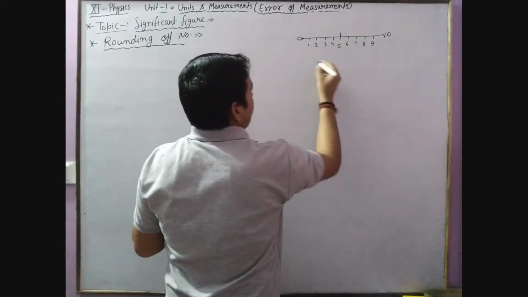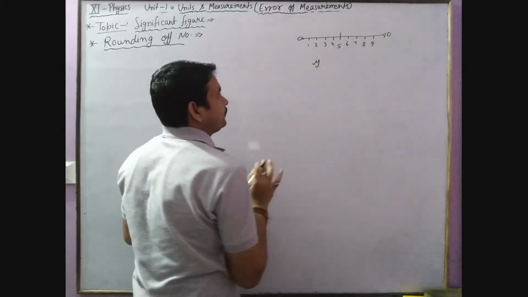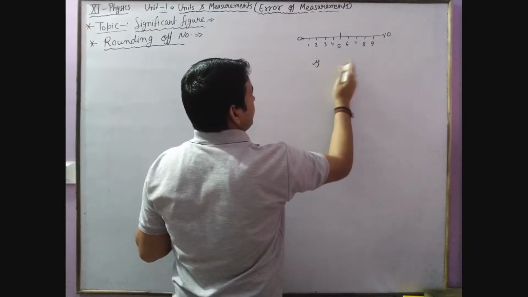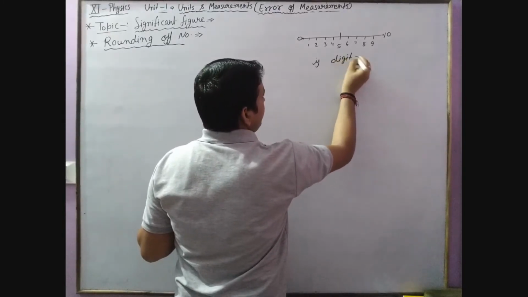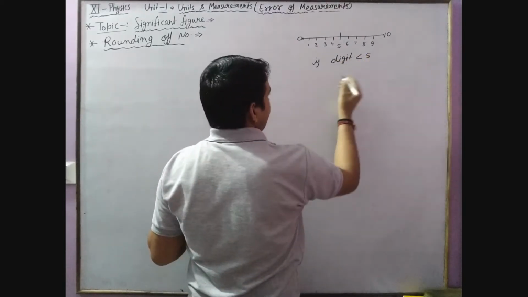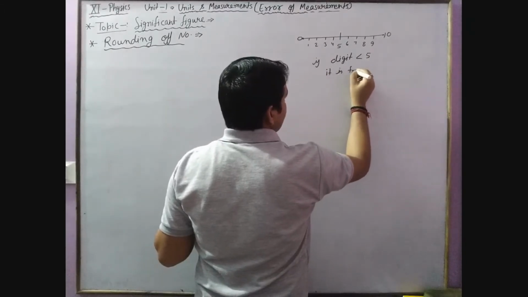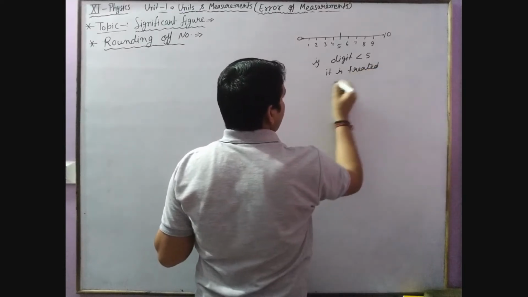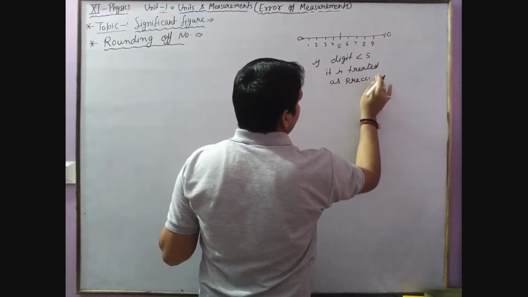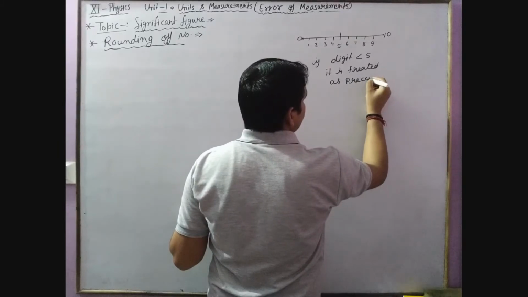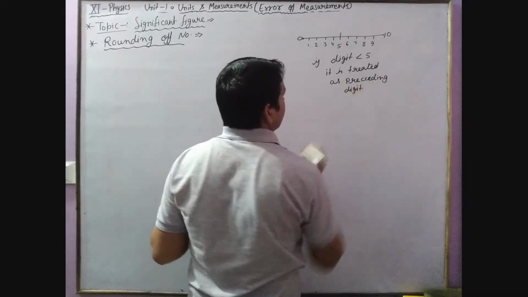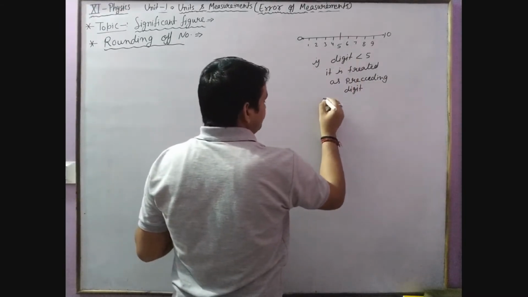You know that, simply I will just tell you, if a digit is less than 5, it is treated as the preceding digit.